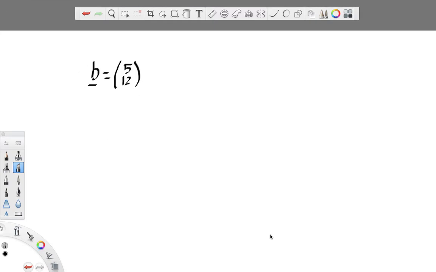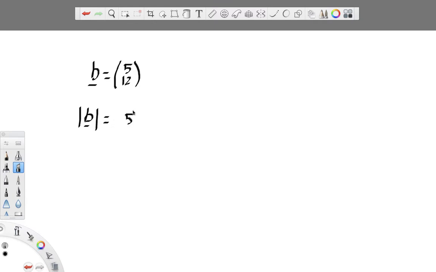Vector B. And this has the horizontal component 5 and the vertical component 12. So we do the same thing as we did before. We write our vector with the vertical lines, meaning magnitude.